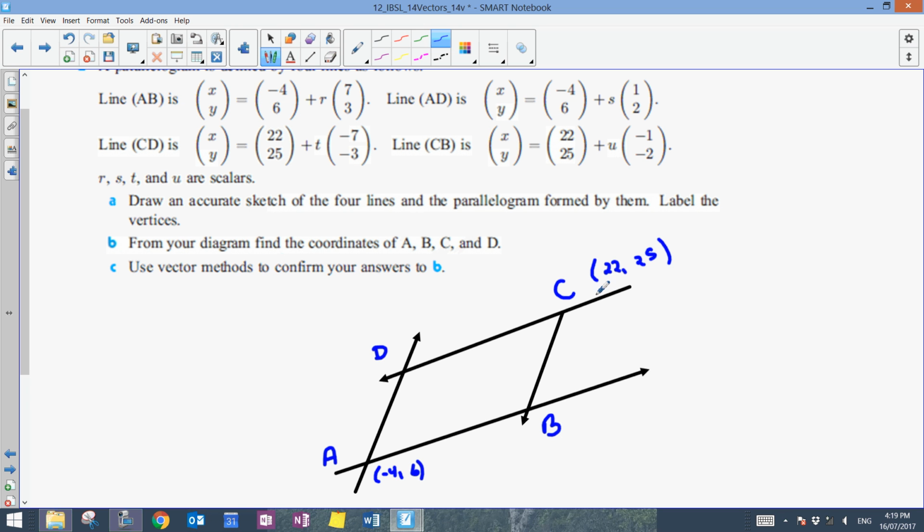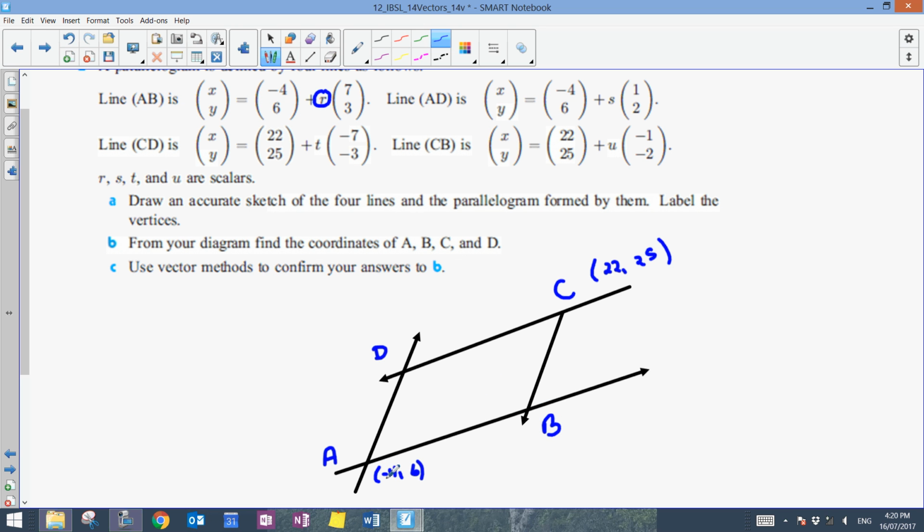We know where A and C are already. For B and D, since we have an idea of how to travel to get to B from A and to get to D from C, we could try to figure out what points B and D are. For example, if I leave point A at -4, 6 and travel 7 units right, 3 units up, how many times would I need to do that? What would be my scalar R to get to point B?